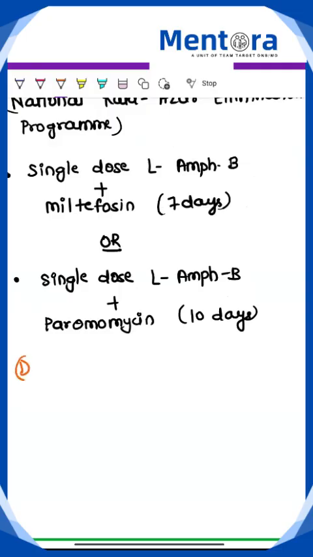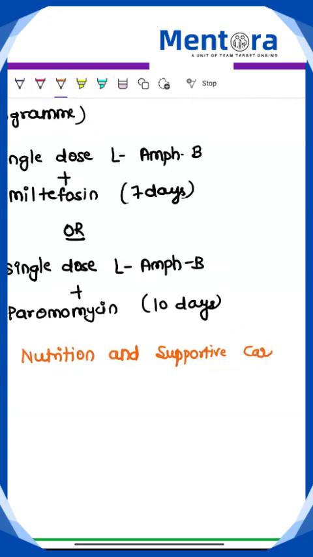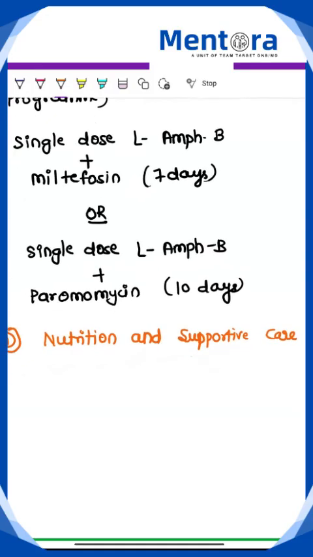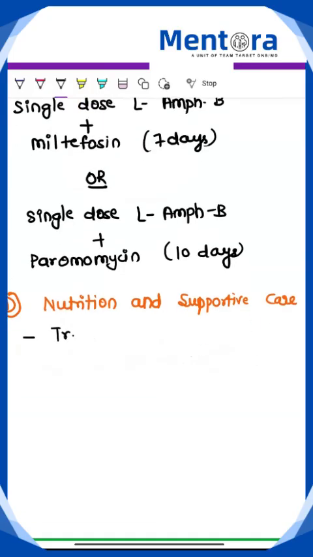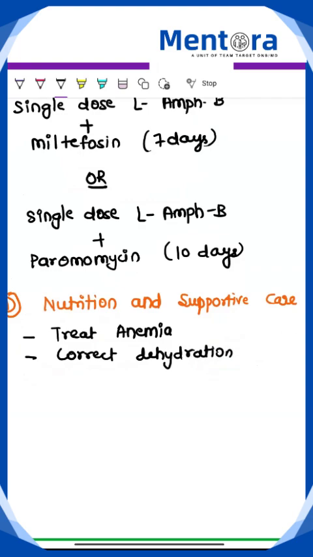Along with drug therapy, the nutrition and supportive care: treat anemia, correct the dehydration, and manage if there is any secondary infection.